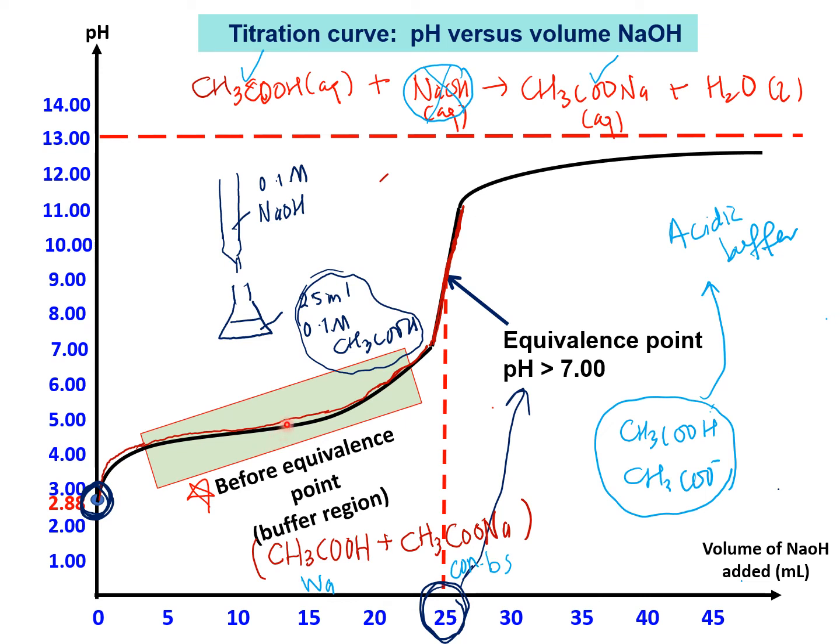Sebab at this point kita ada buffer region. Kita ada buffer system yang mana dia cuba maintainkan the pH of the system when small amount of sodium hydroxide is added. Tapi lama-lama makin banyak sodium hydroxide yang kita tambah, sebab tu buffer region kita akan hilang. Okay. Dan kita akan capai equivalent point.